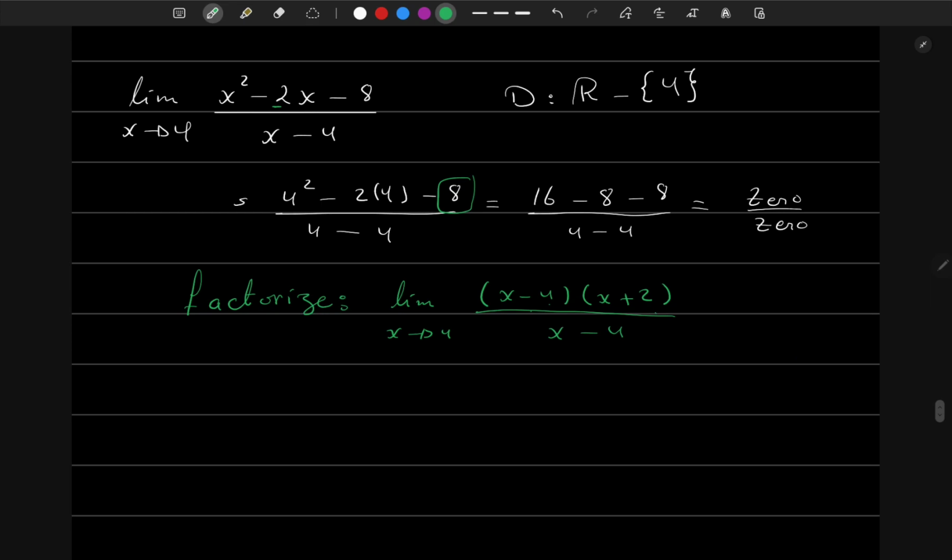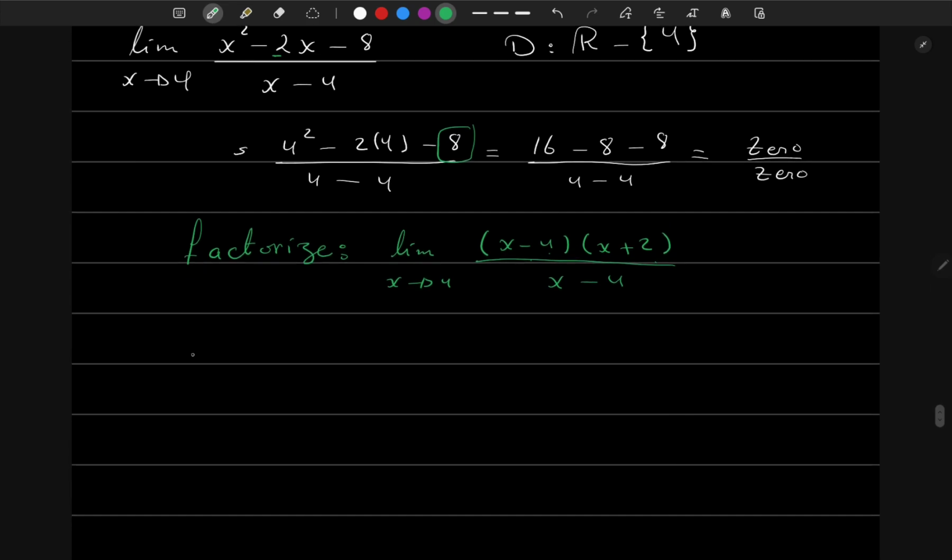Now I have factorized. Then I go to the second step, cancel out. Well, x minus 4 here can be cancelled by x minus 4. So I'm ending up with the limit when x approaches 4 of just x plus 2.